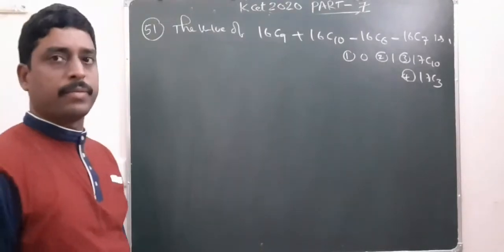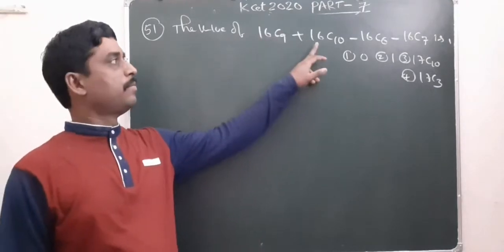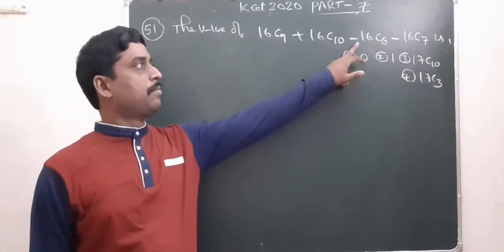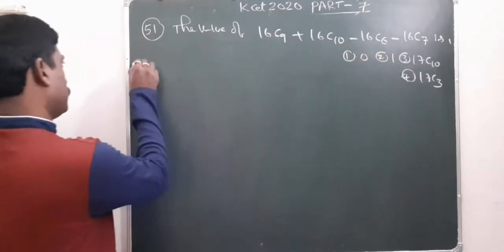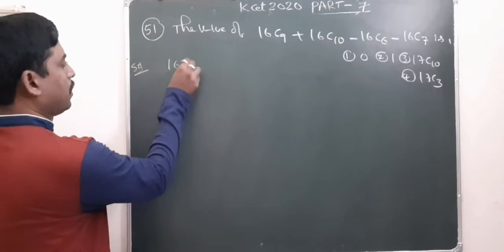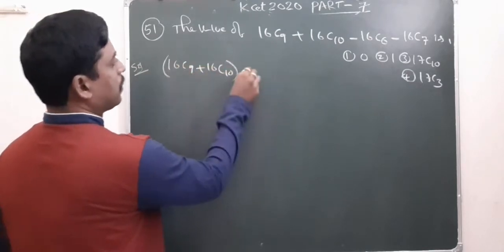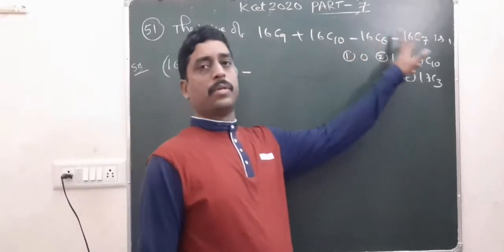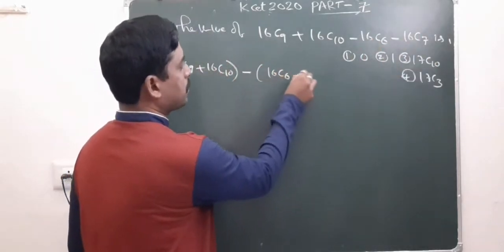So now I am going to explain question number 51. The value of 16C9 plus 16C10 minus 16C6 minus 16C7. Take 16C9 plus 16C10 as one group. For the remaining two terms, take minus 1 common: 16C6 plus 16C7.